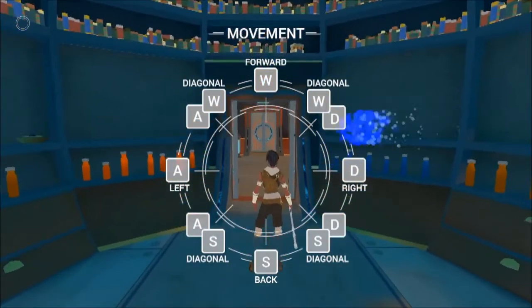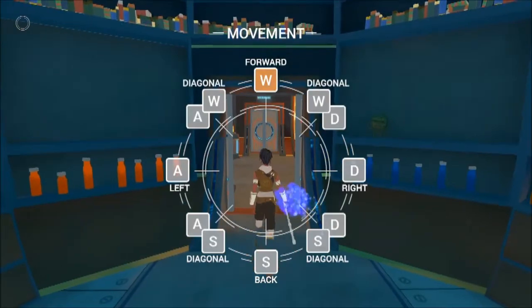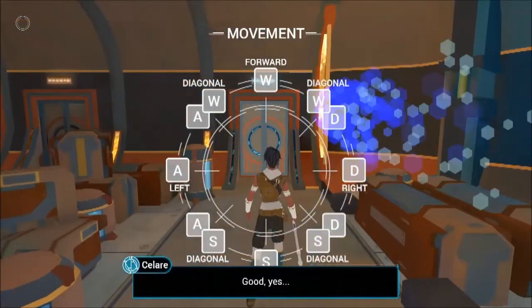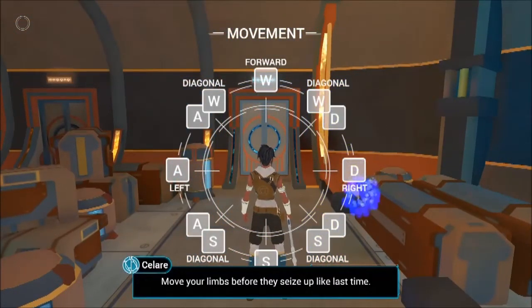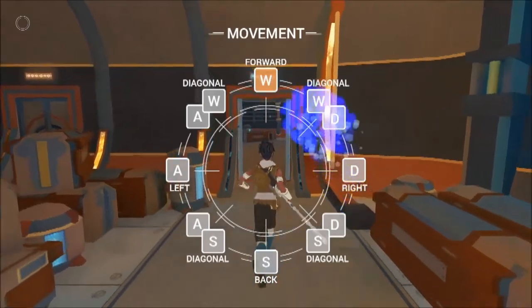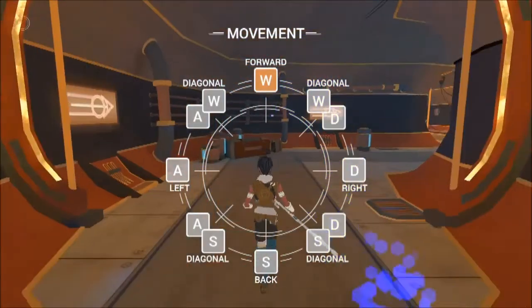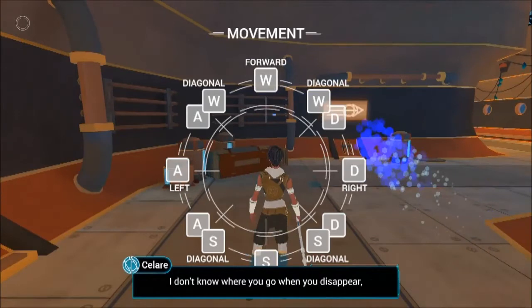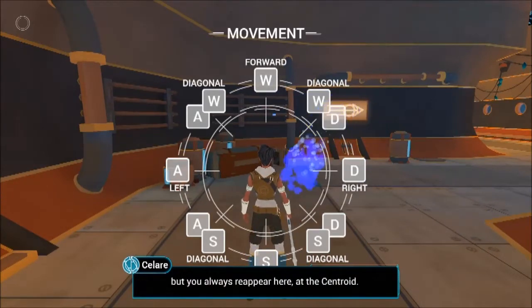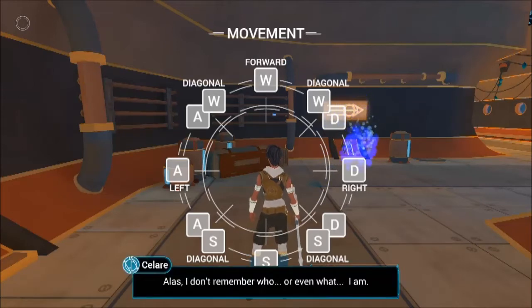Not a bad idea, given that this is a game designed for education. You're not necessarily going to be playing it with people who have played video games before. So move along. One thing I did notice, I can't actually control where the camera goes. It can be a little bit bothersome.